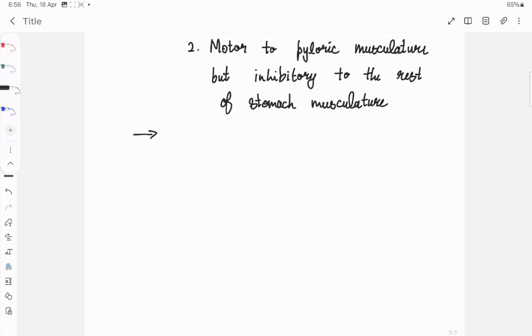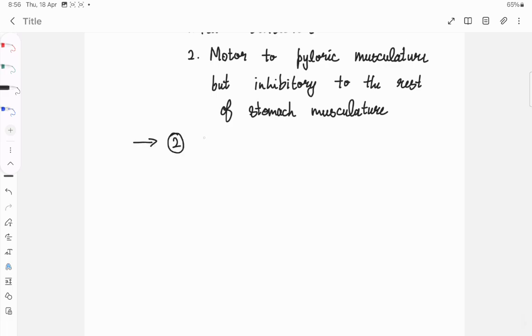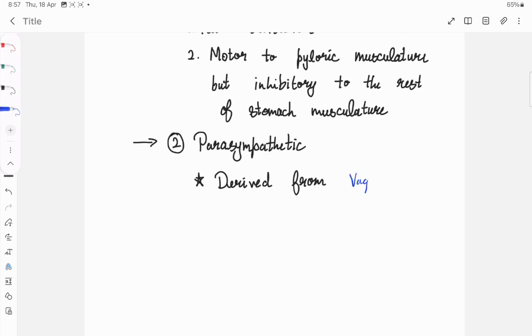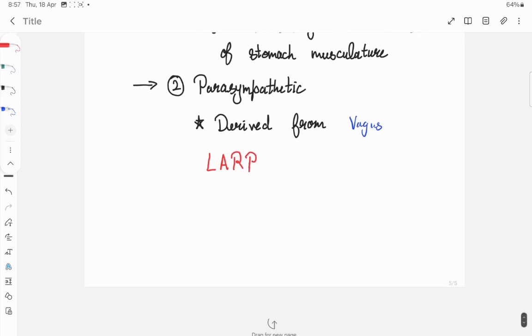Next is parasympathetic supply. So it is derived from the vagus. So the mnemonic is LARP. What is LARP?